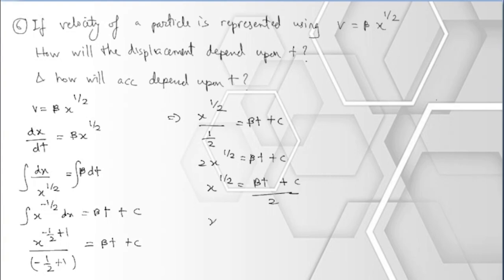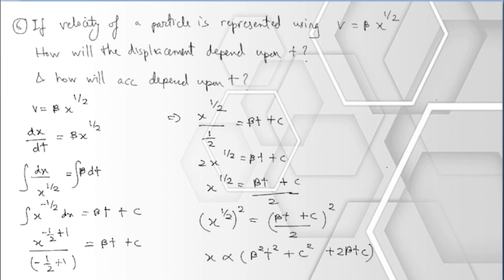So displacement itself can be written as displacement to the power of 1 by 2, squared. It is also equivalent to beta t plus c by 2 squared. So let us just count the numerator part. x is proportional to beta squared t squared plus c squared plus 2 beta t c.